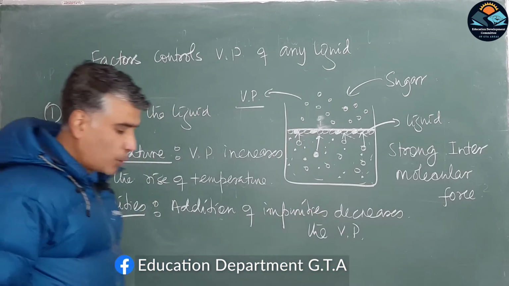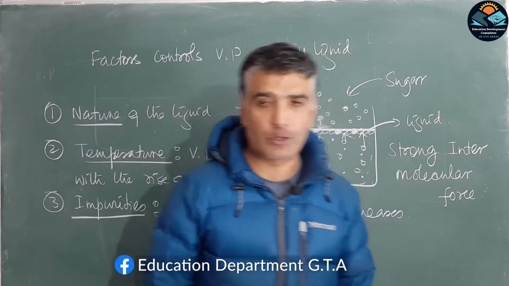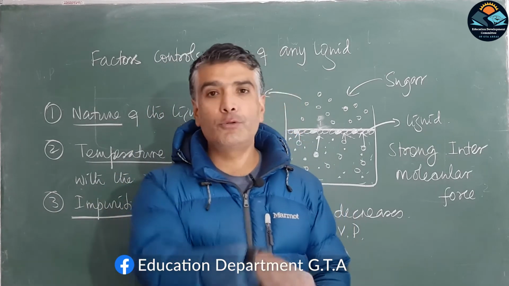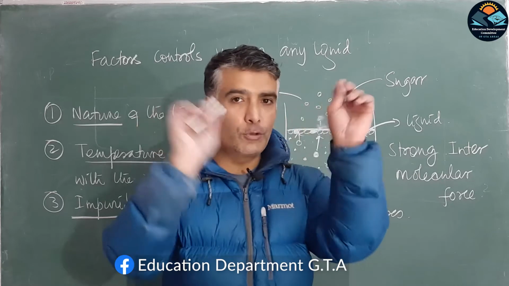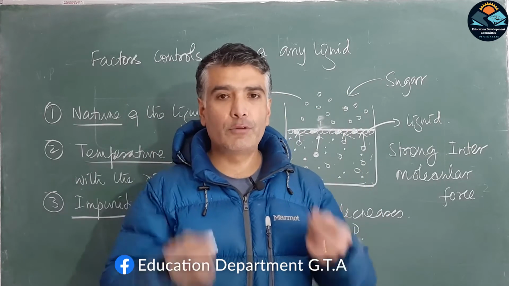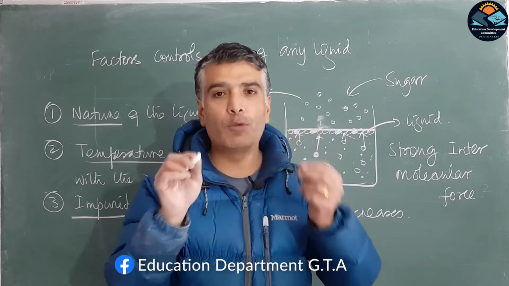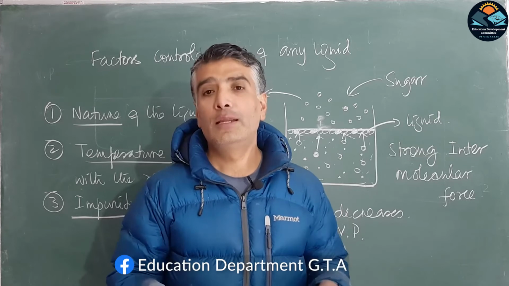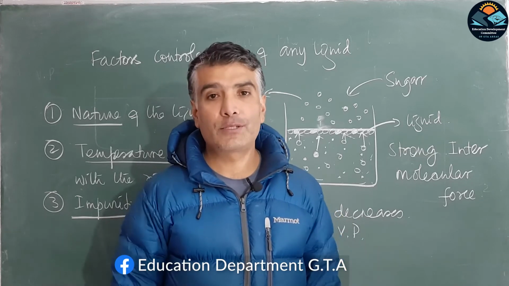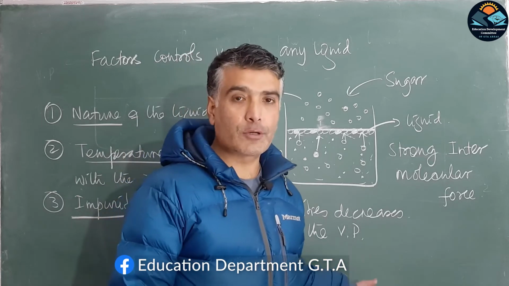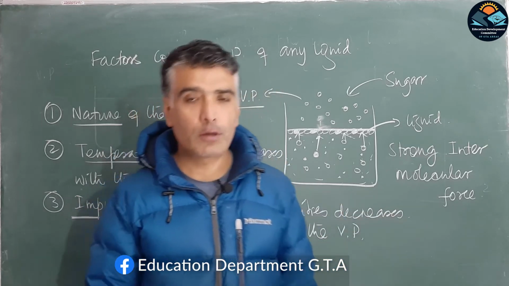So that means a pure solvent will have higher vapor pressure compared to its solution, because in solution you have impurities, you have solute dissolved there, and solute will block those sites on the surface which can be used for evaporation. In a solution you will have fewer solvent molecules on the surface. Some of the sites are occupied by solute particles, and therefore when you have fewer liquid molecules to evaporate, they form less vapor. And that's why every solution will exhibit lower vapor pressure compared to the pure liquid or solvent.